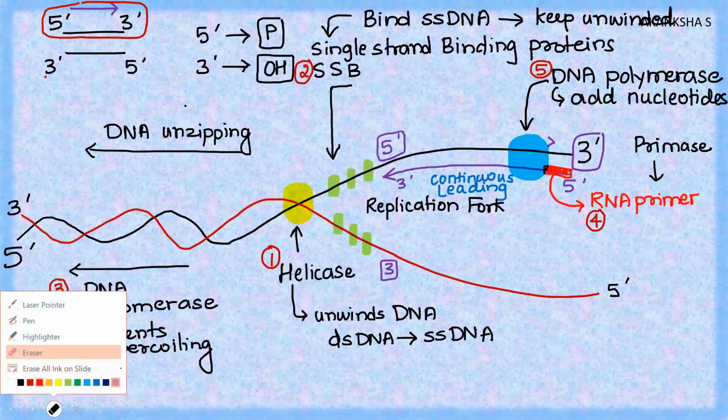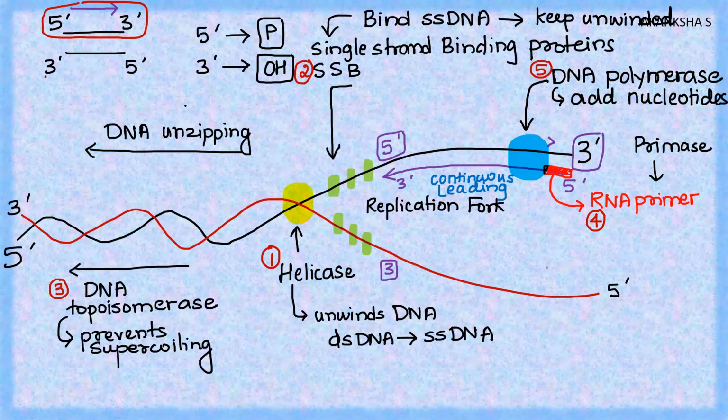Some part of DNA opens up. Now, from 5' to 3', we form one small strand. Again, DNA opens up, and we form another small strand from 5' to 3'. What did I tell you? The polymerase always adds nucleotides from 5' to 3'. So as and when smaller sections of DNA open up, discontinuous strand formation takes place.